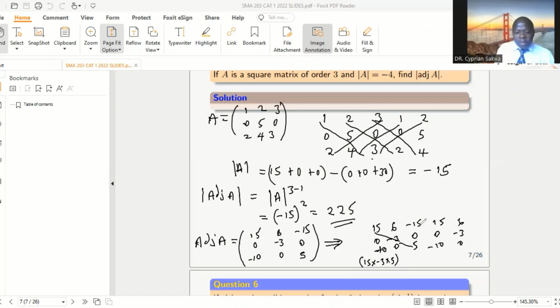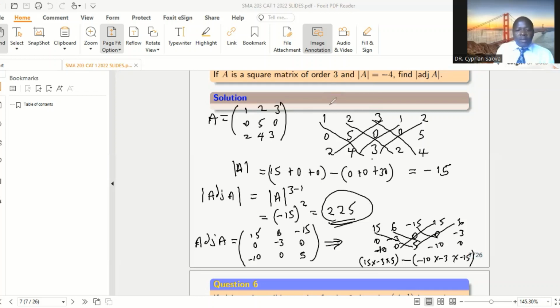Plus, this will be 0, and that will be 0. This will be 0, and that will be 0. Then minus, along this other diagonal, we have a 0 here, plus a 0 here. Then plus, this would be negative 10 times negative 3 times negative 15. And I think when you do this, you get the same answer as this.